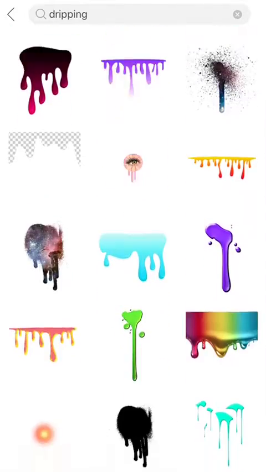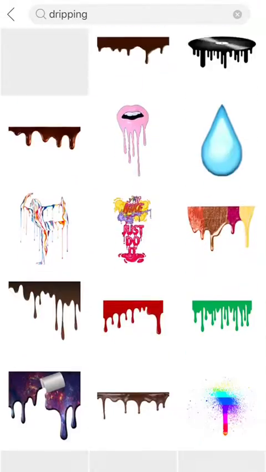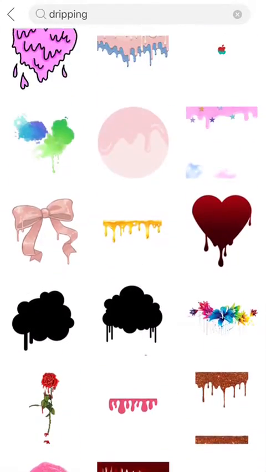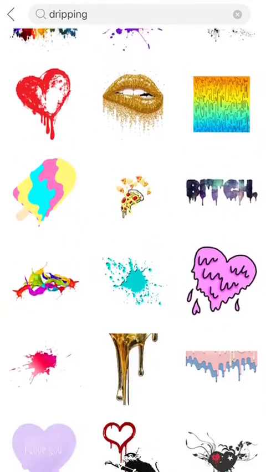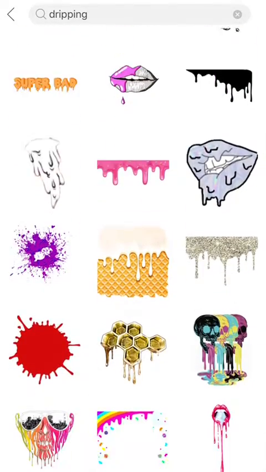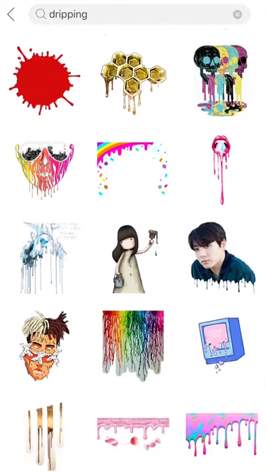I hope we can find it under this. Okay, let's check. Sometimes you have to scroll so much to find one little effect that you need. I don't know why.